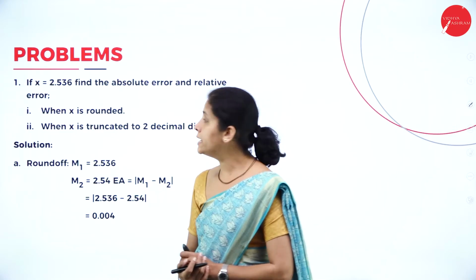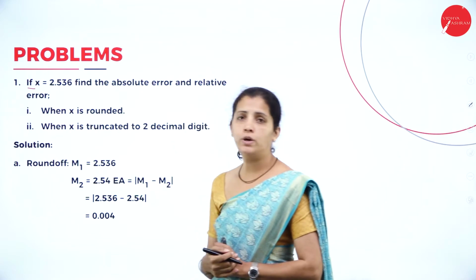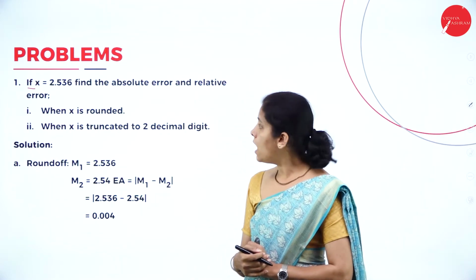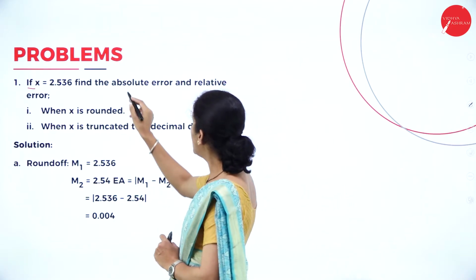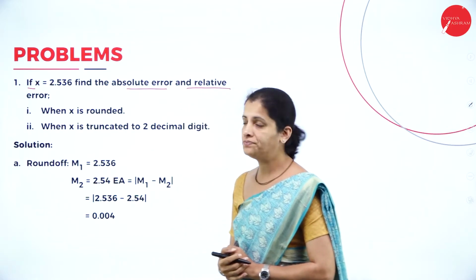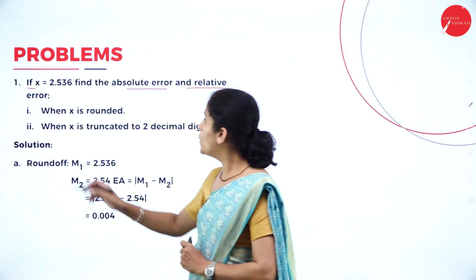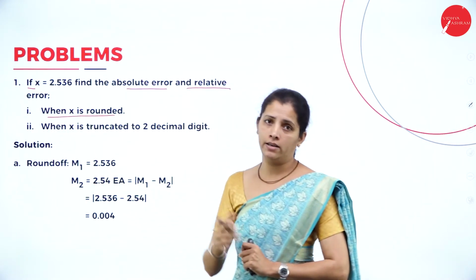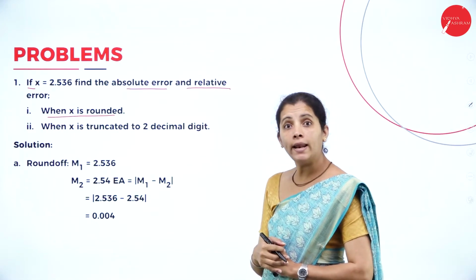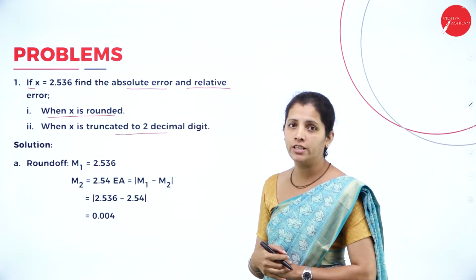See here, I have the problem: if x equals 2.536, find the absolute error as well as the relative error. The conditions are: first, when x is rounded, and another, when x is truncated to 2 decimal digits.